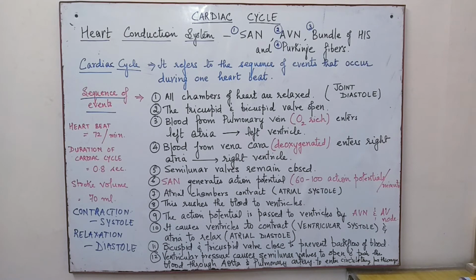So the SA node generates around 60 to 100 action potentials per minute. The cardiac muscle fibers are straight, branched, and linked together.